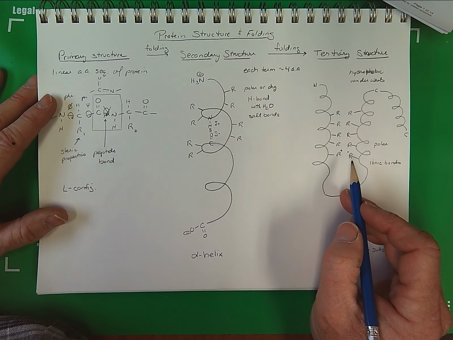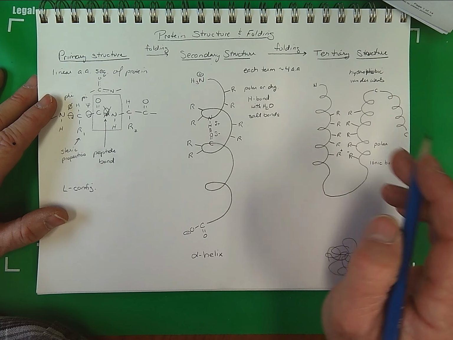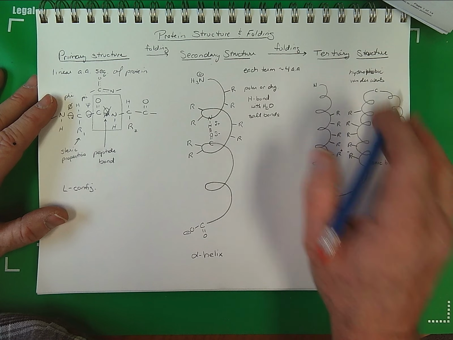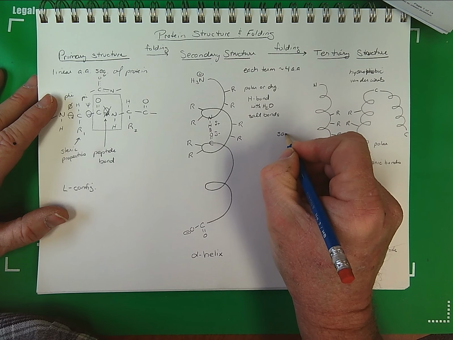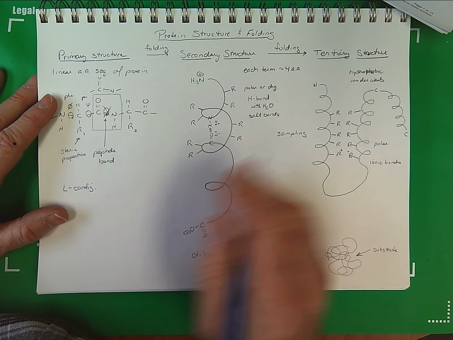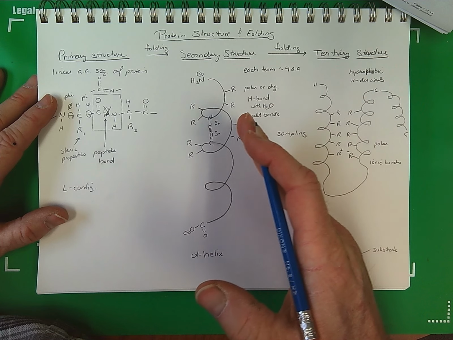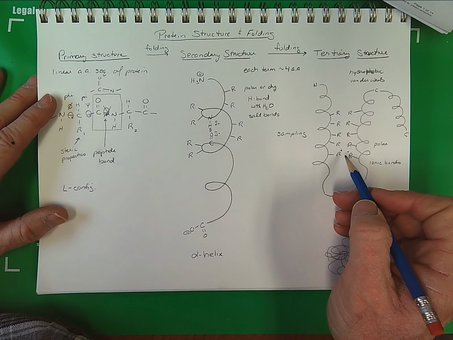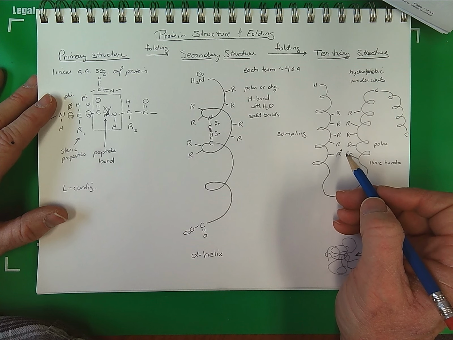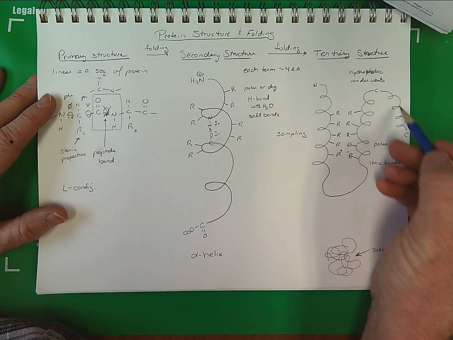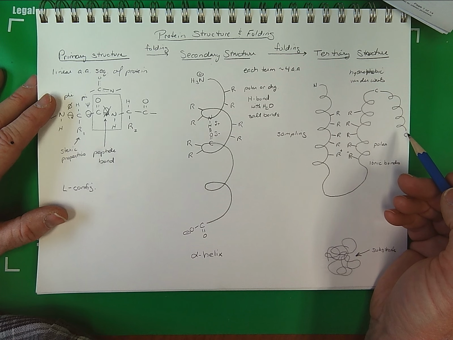Better means more bonding energy to lend greater stability. So folding is essentially what's called a sampling. Alpha helices will come together, sample each other to see if they have complementary R groups to form the proper bonds and interactions. If this is insufficient, they will come apart and test another alpha helix.